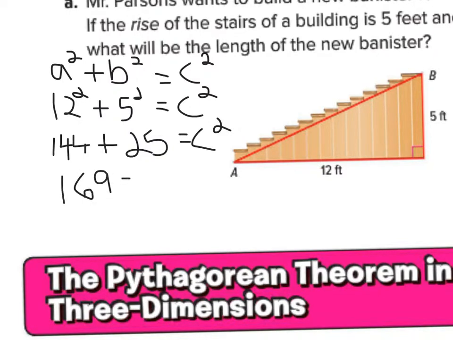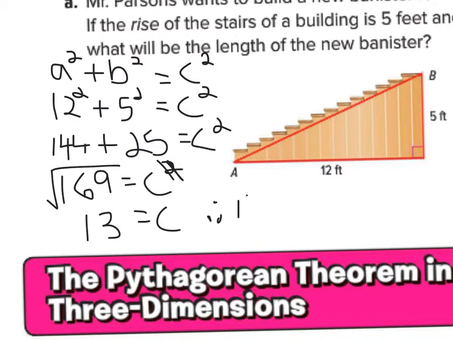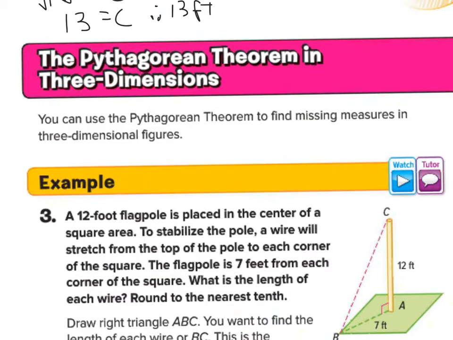Okay, 169 is c squared. I believe 13 times 13 is 169, but I can check. When I take the square root of both sides to get rid of the exponent, I do get 13 equals c. So therefore, it is 13 feet for my banister, as you see up there.